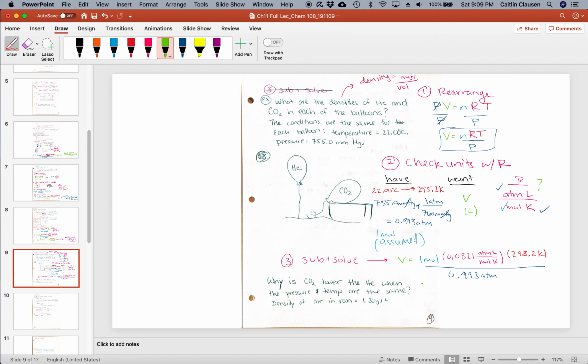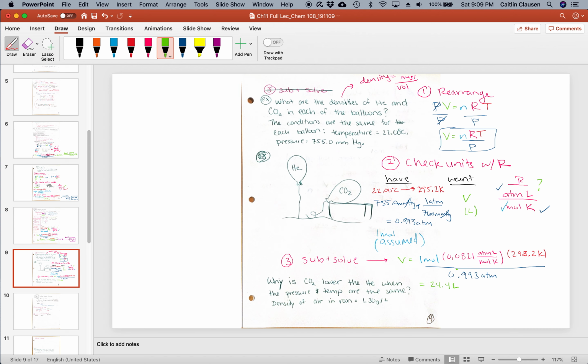And that gives us the volume of gases under these conditions, which is 24.4 liters.